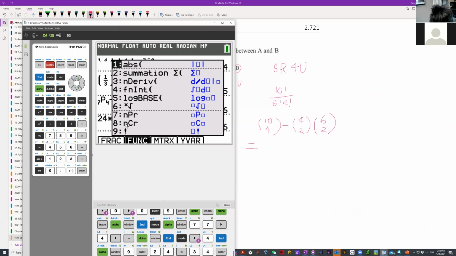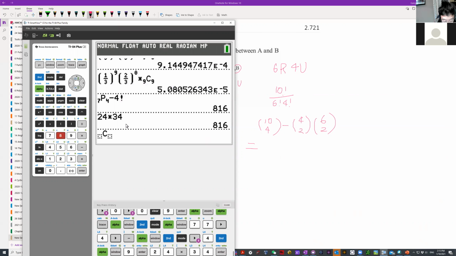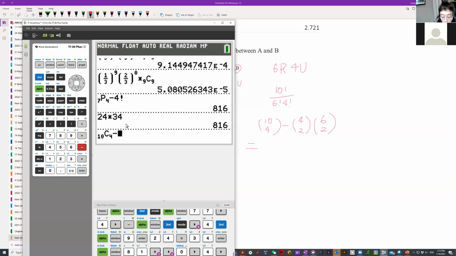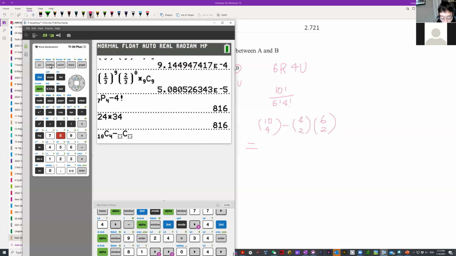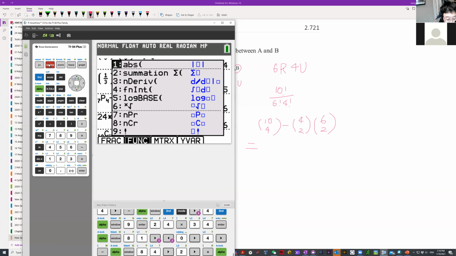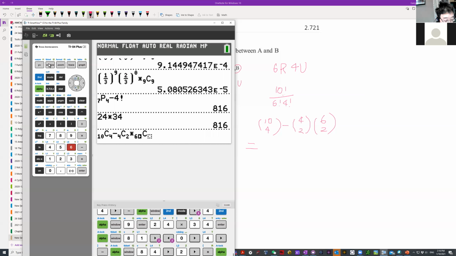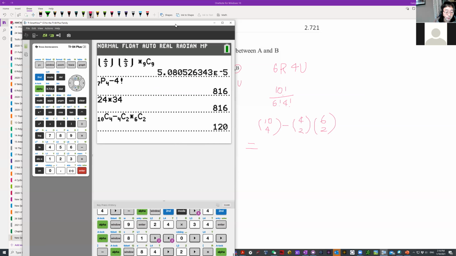So basically I'm going to do 10 choose 4, minus, and then do it again, 4 choose 2 and multiply 6 choose 2. So 120. So this is 120 ways.